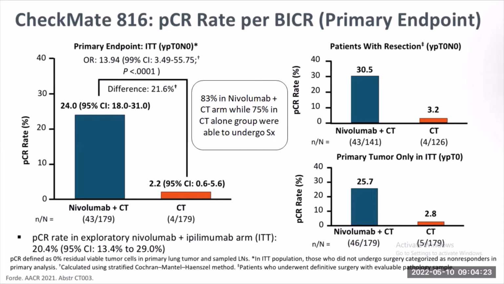Out of the patients who underwent surgery, the pathological CR rate was 30.5% versus 3.2%. In the intention to treat population, if we see the primary tumor only CR rate, it is 25% versus 2.8%.